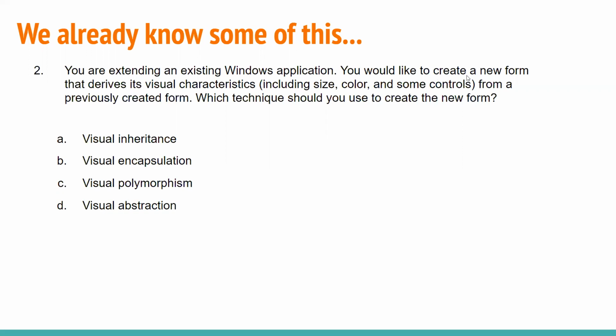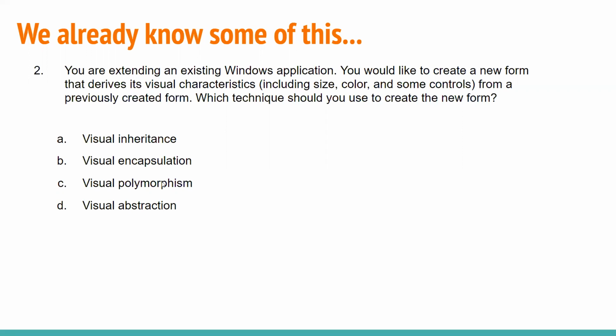Security. So this is saying we would like to create a new form that derives its visual characteristics from a previous form. So we have a previous form and we'd want to derive its characteristics into a new form. That has nothing to do with protecting the visual characteristics, right? Okay, so visual polymorphism. Interesting.